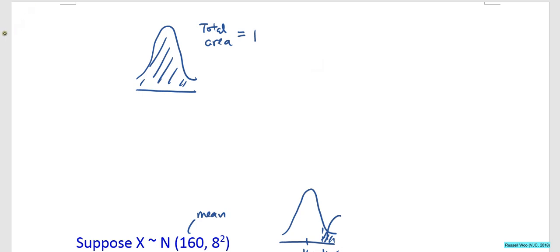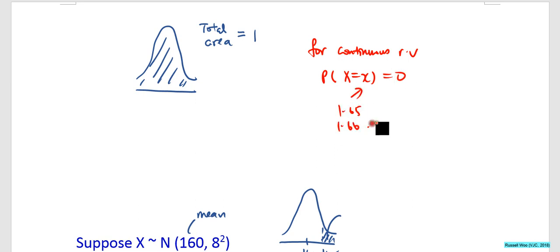For a continuous random variable, the probability that X equals a specific value is always 0. That means it can be 1.65, it can be 1.66. Can you have attention please? Do we actually know why? I'll explain one more time.